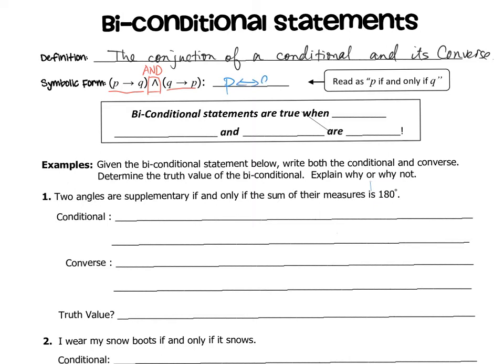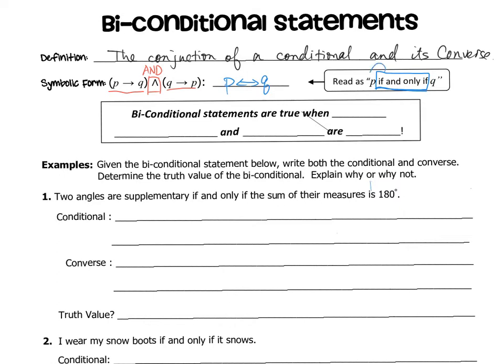However, we can shorten this into this symbol, and it's read as "P is true if and only if Q is true." I want you to pay special attention to this keyword, "if and only if."